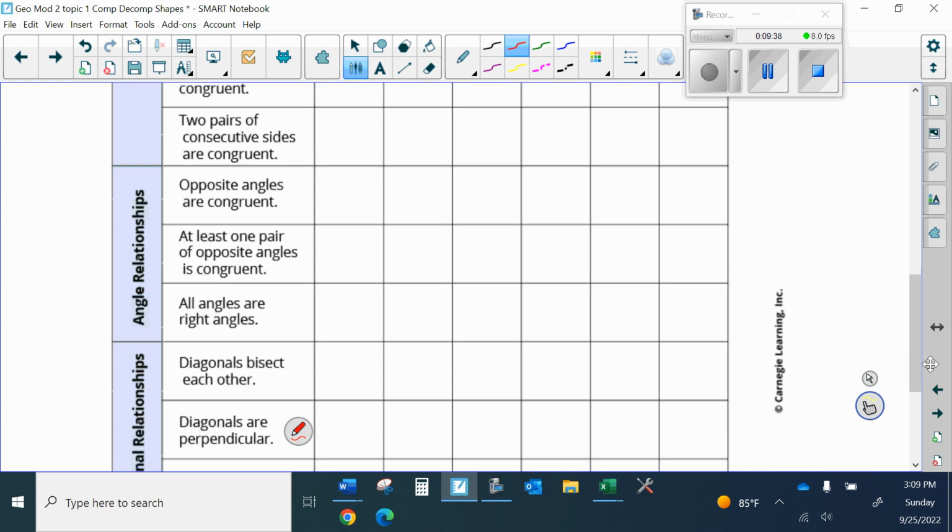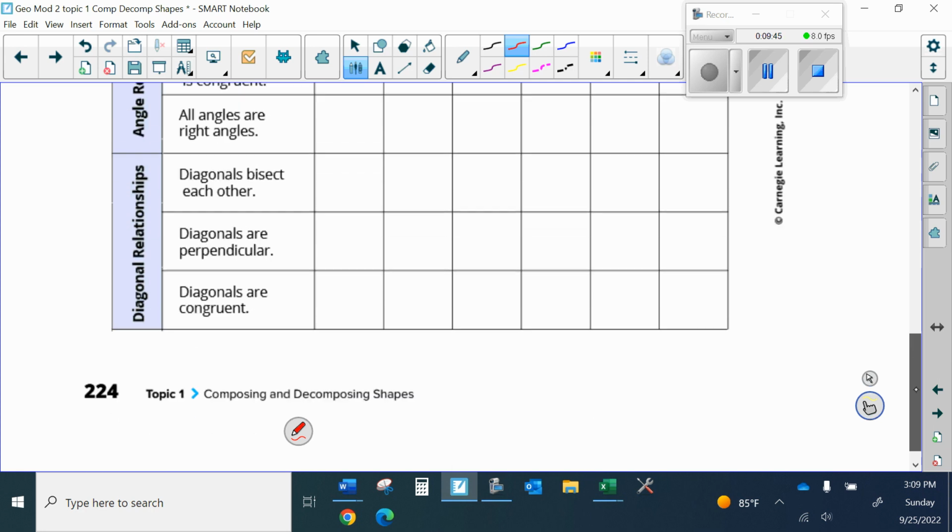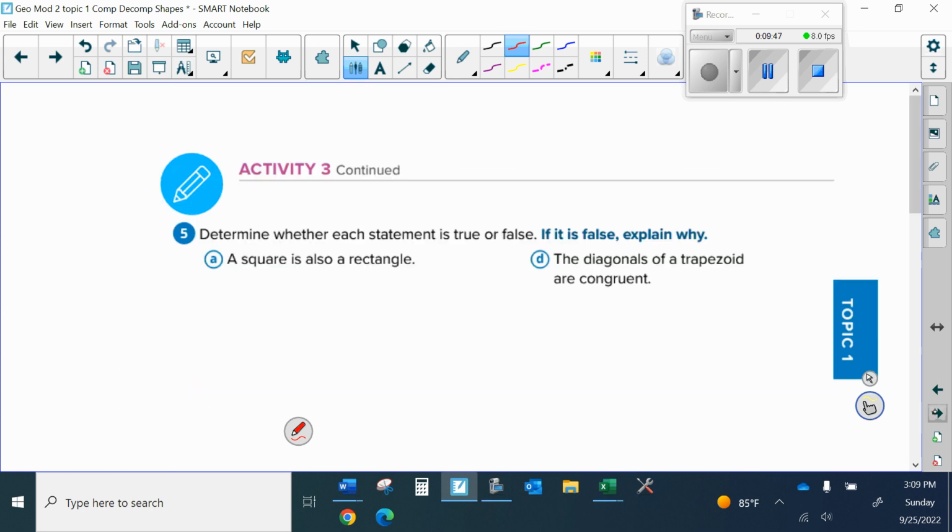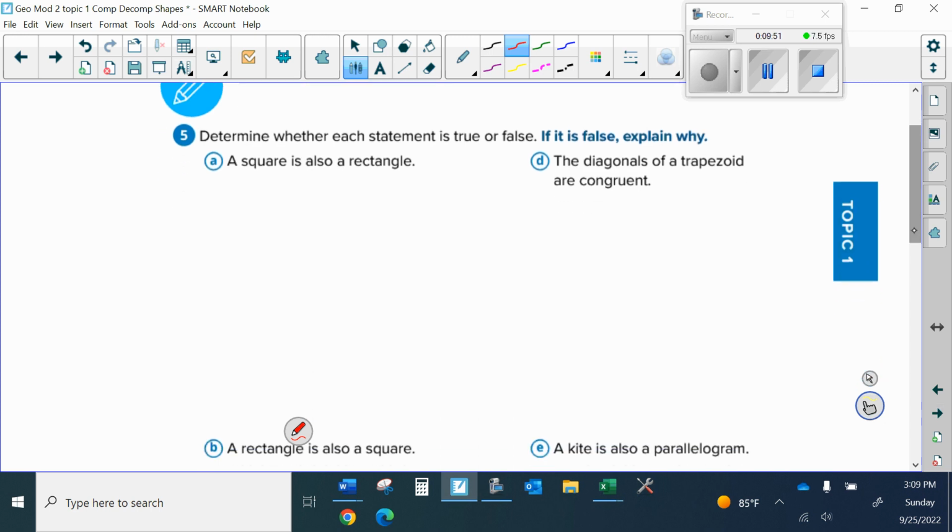Some of these are like this, would be on a DCAS where they say select all that apply. Okay, one of those types right there. So that's good right there. Here is determine whether it's true or false. We've already talked about these before, but definitions themselves, such as A and B. Now we're also talking about the diagonals of them as well.